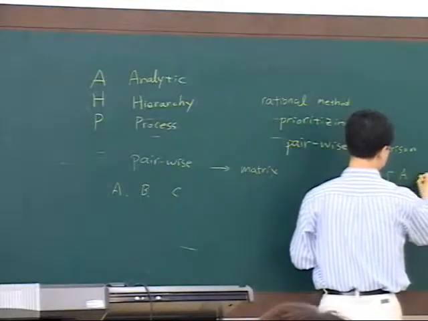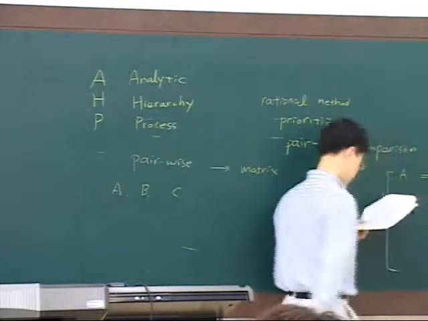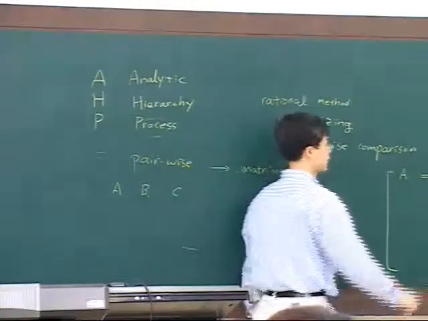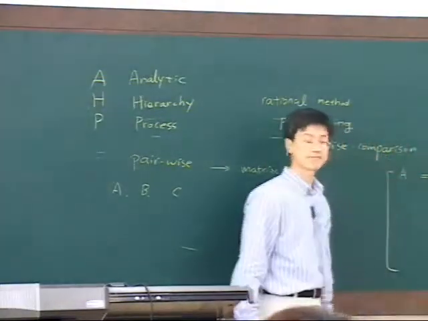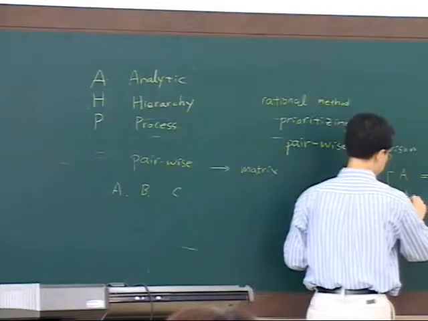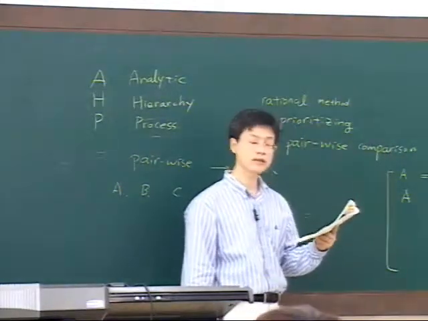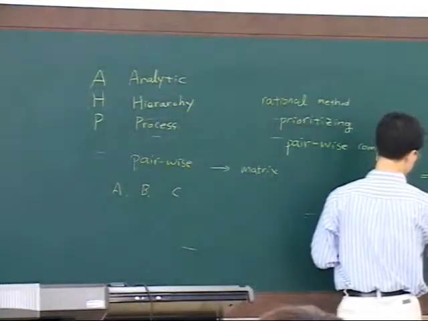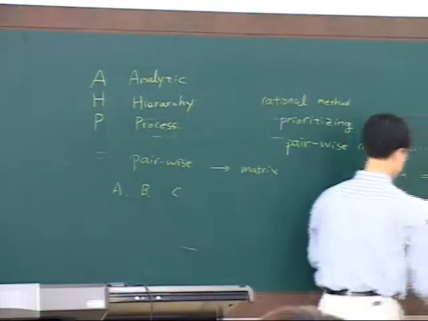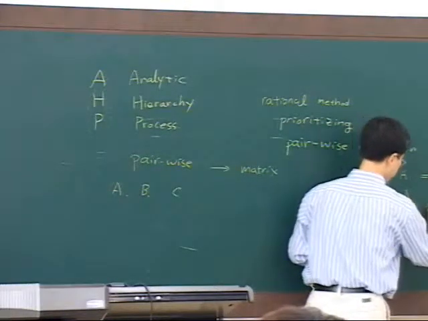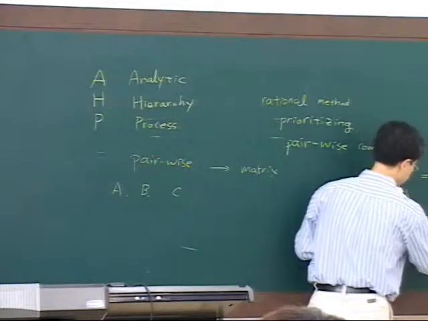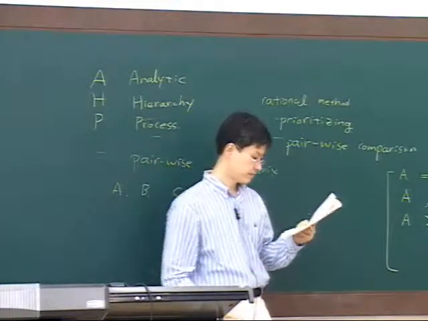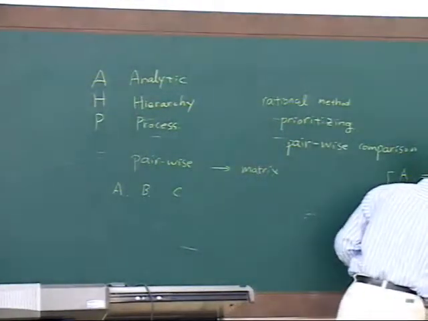If A and B are equally important or preferred, assign a value of 1. If A is weakly more important than B, assign 3. If A is more important or preferred to B, 5.